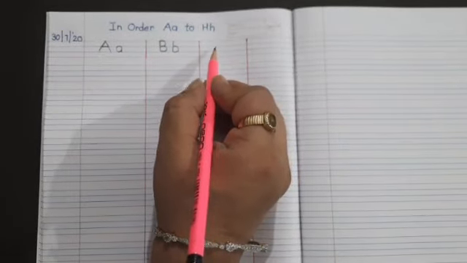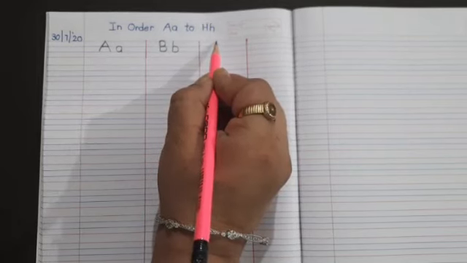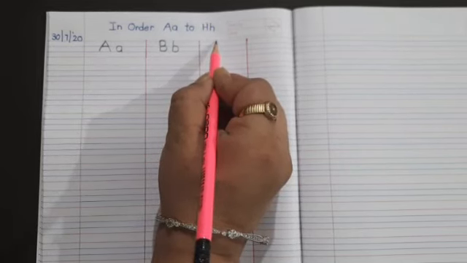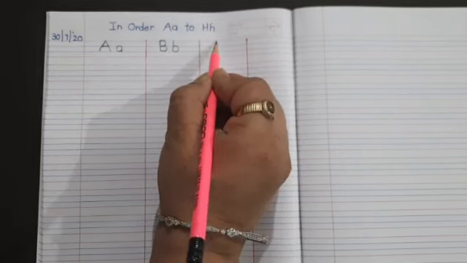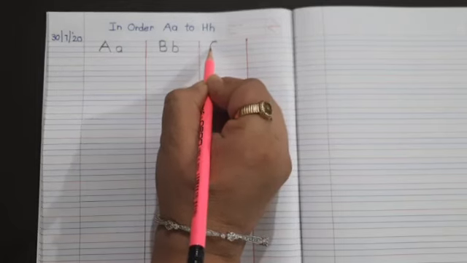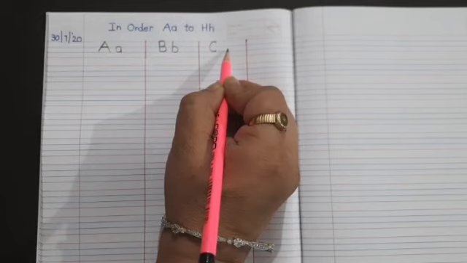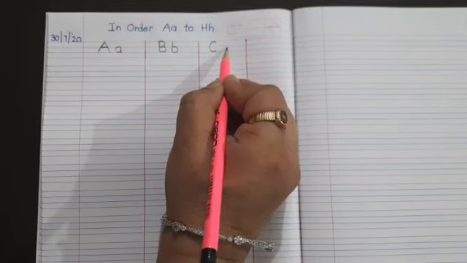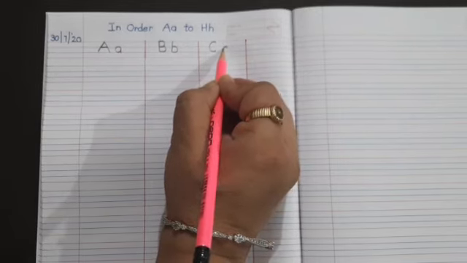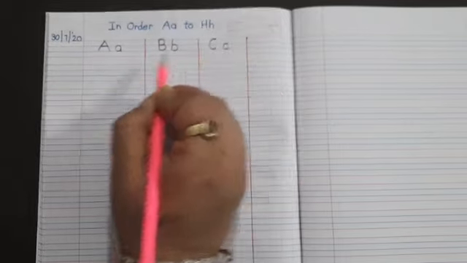C. Let us write capital C. From red line to second blue line, we will write capital C like this. And how we will write small c, children? We will write between two blue lines. This is our small c.